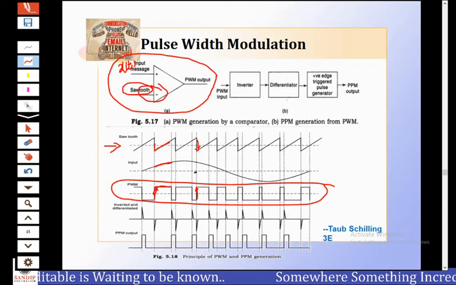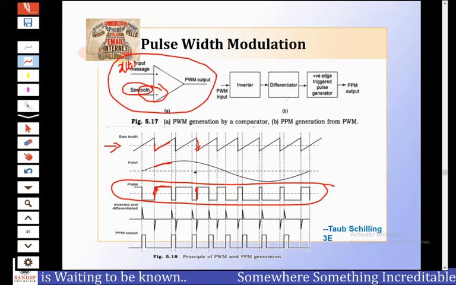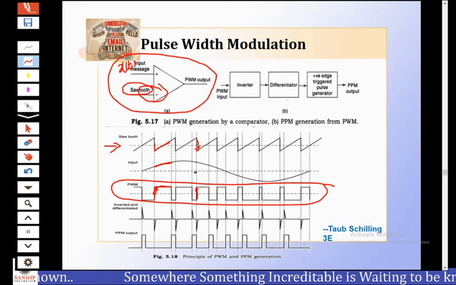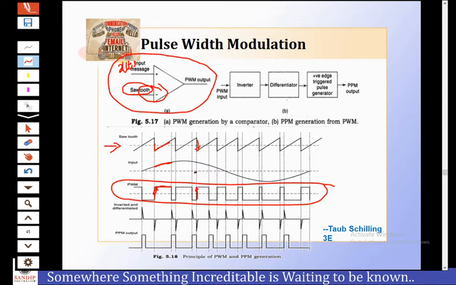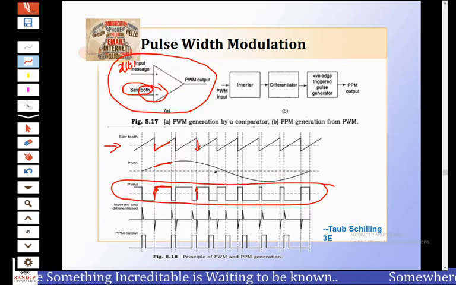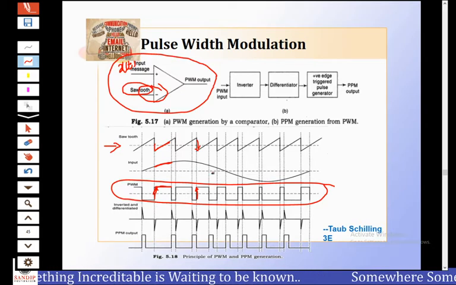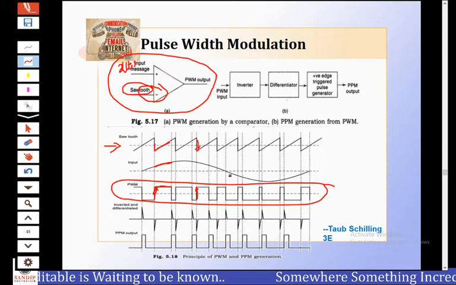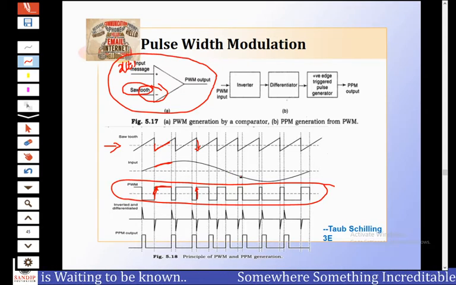However, the occurrence of the trailing edge will be dependent on the instantaneous amplitude of x of t. Understood? However, the occurrence of the trailing edge will be dependent on the instantaneous amplitude of the modulating signal x of t.